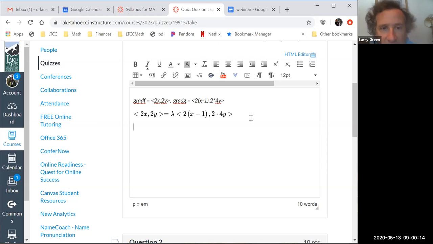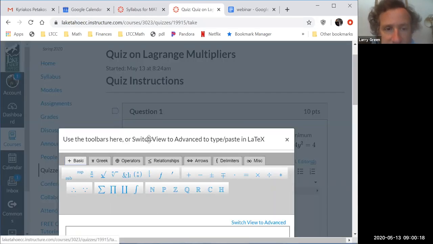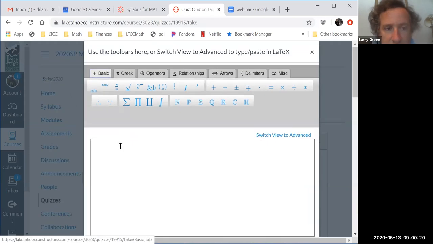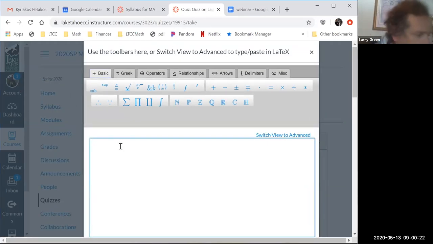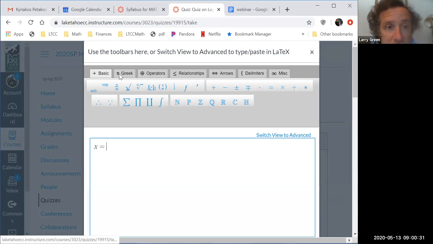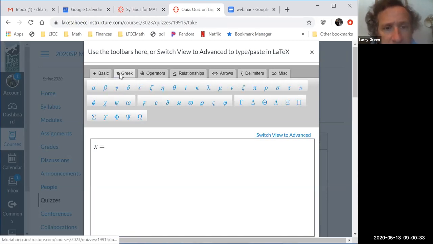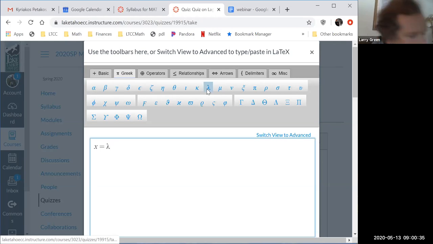So what we can say now is that x is equal to lambda times (x minus 1).